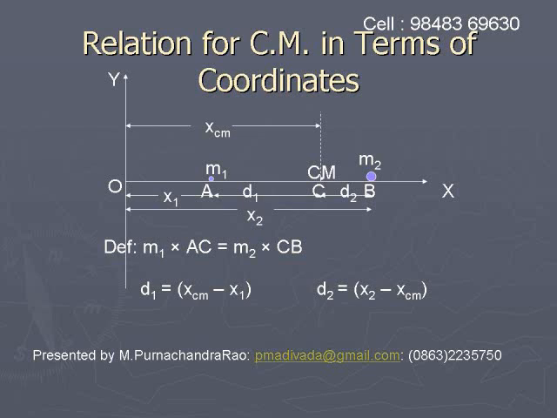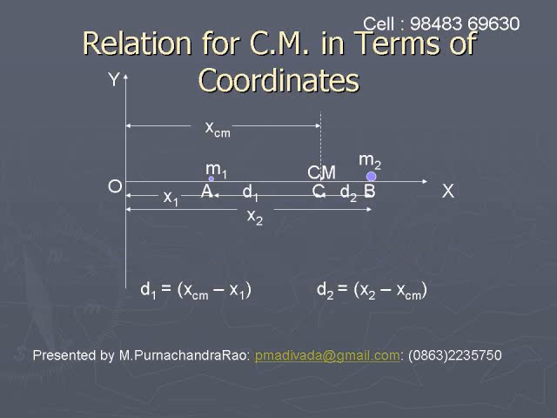Similarly, d2 is equal to x2 minus xcm, since CB is equal to OB minus OC. OB is x2, OA is x1, and OC is xcm. Hence, d1 is xcm minus x1 and d2 is x2 minus xcm.